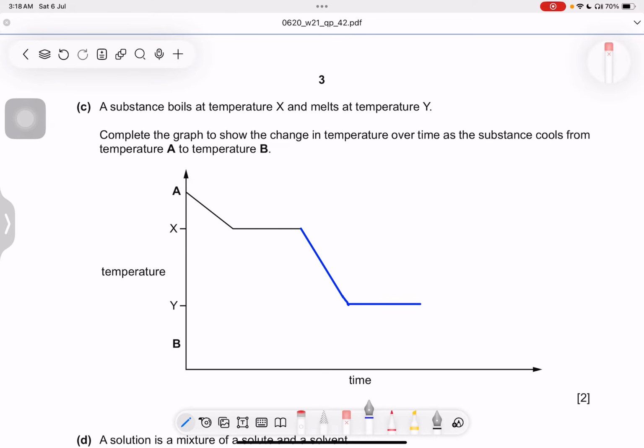Why? Because whenever change of state takes place, the energy is absorbed by the particles in breaking their bonds, and the temperature stays constant while change of state is taking place.